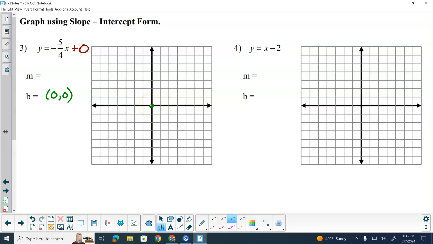That's my slope. So give me 2 directions. Up or down?